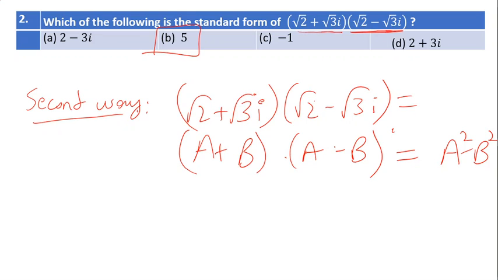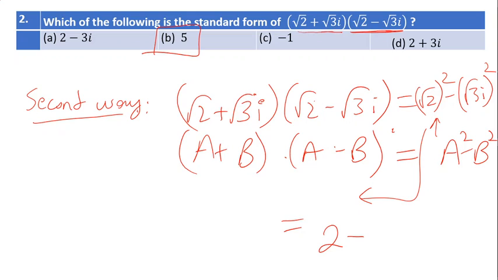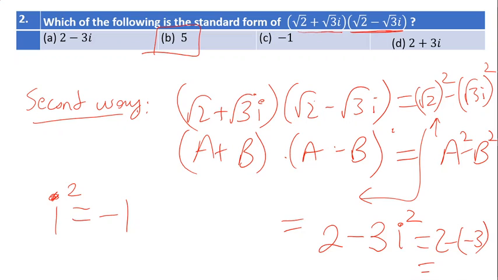So if you do square root 2 squared, minus square root 3i squared, the answer will be 2 minus 3 times i squared. Don't forget, i squared is always minus 1. So we put 2 minus 3 times minus 1, so it will be 5. And that's the second method.